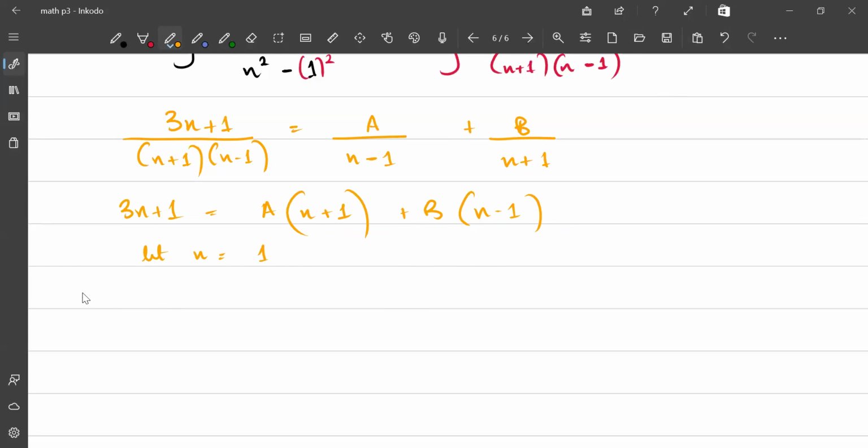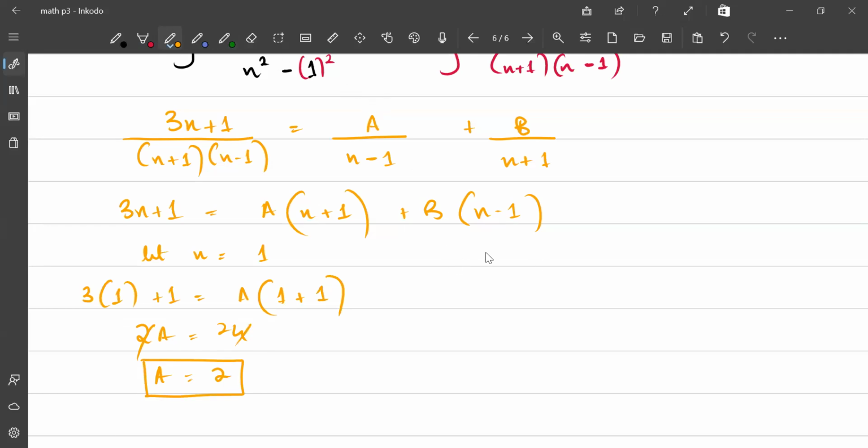When x is equal to 1, 3 plus 1, and 1 minus 1 is 0, 0 multiplied by b is eventually 0. So we get 2a is equal to 4 here and a is equal to 2. All right, so we have the value of a.